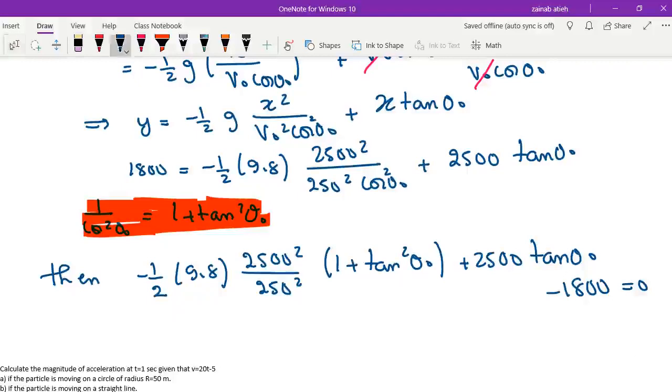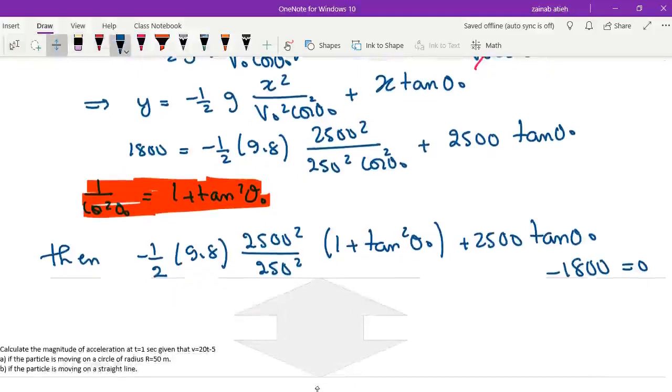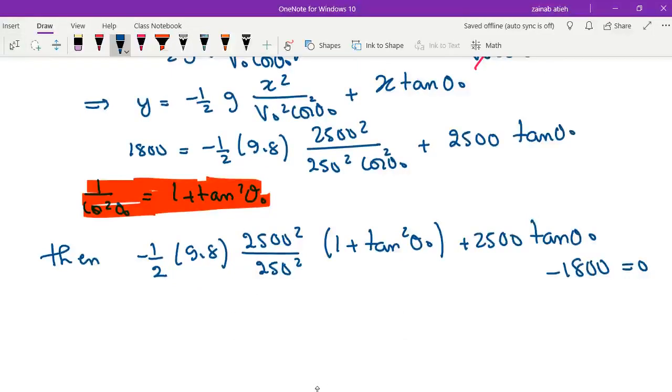Now what do we do? I've arranged it later. We collect the numbers and get a quadratic equation in terms of tangent theta. I group the tangent square theta terms, the tangent theta terms, and the numbers at the end, which gives something like ax square plus bx plus c, but this time in terms of tangent theta: a tangent theta square plus b tangent theta plus c.